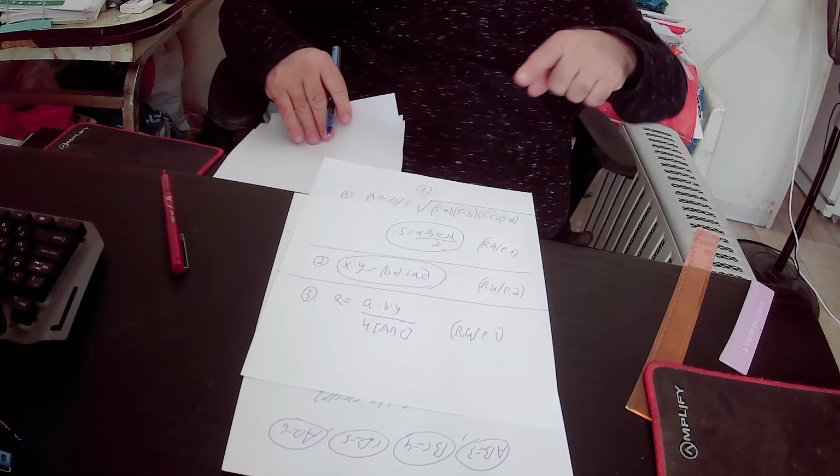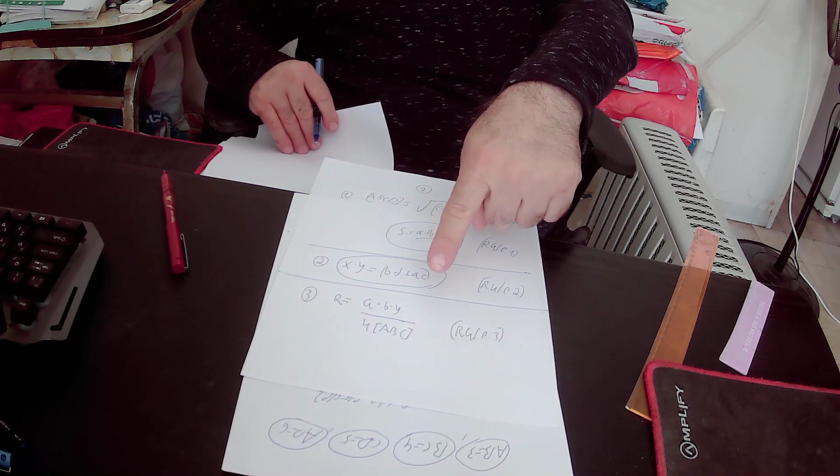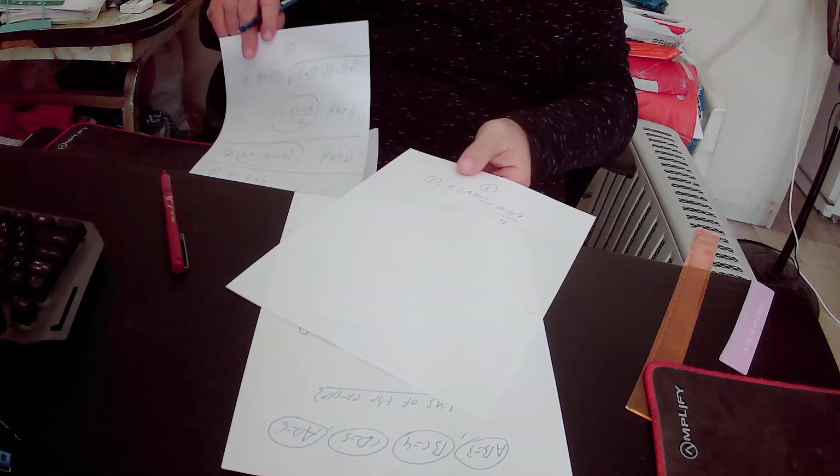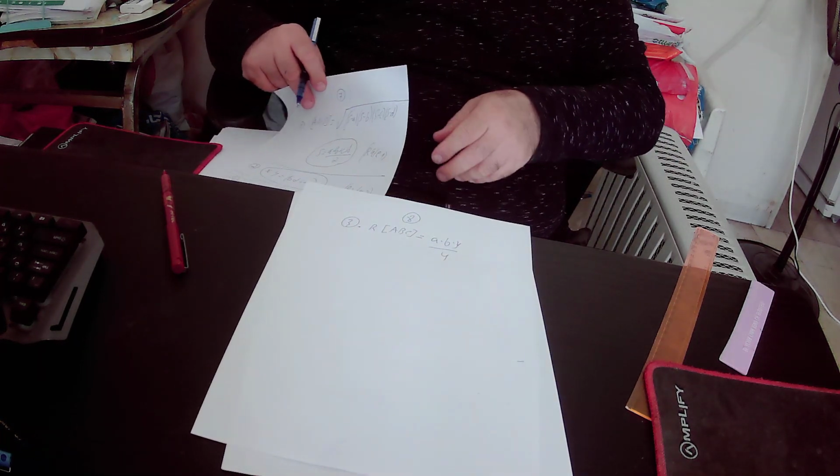So we multiplied equation number 3 by the area of triangle ABC, and we got this equality.